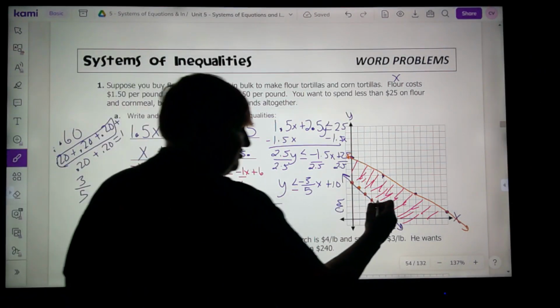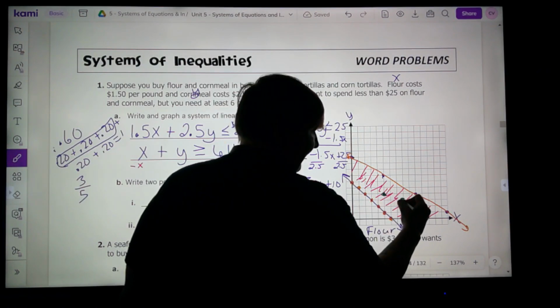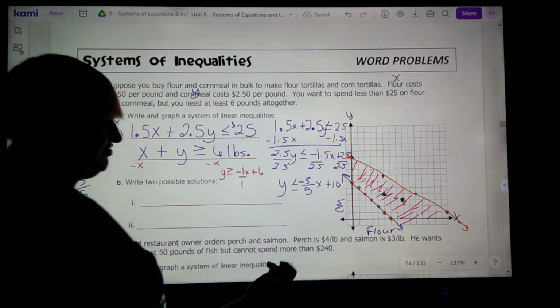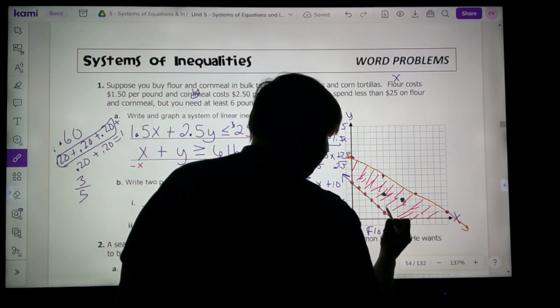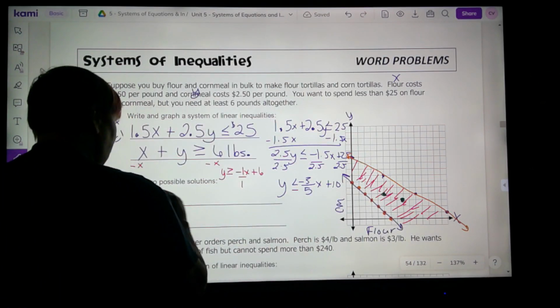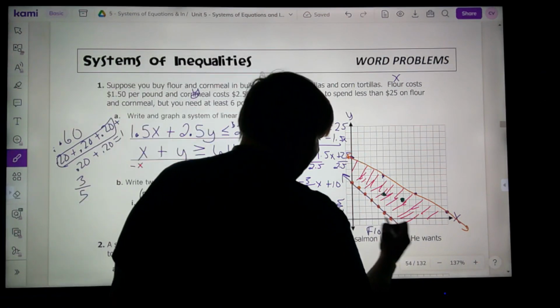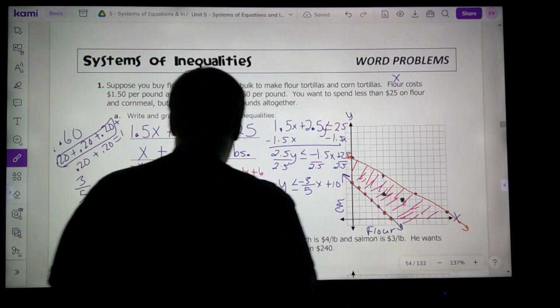You just need to pick 2 points inside our solution. Those are our solutions. I picked 5 comma 4, and I picked 8 and 3.